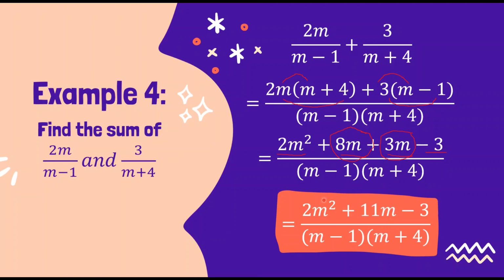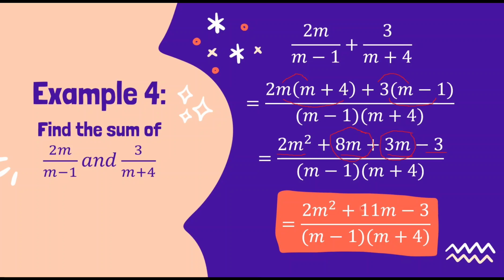So here it is. Let us copy 2m squared plus 11m minus 3 over m minus 1 times m plus 4. Since we cannot factor this using the trial and error method, we cannot get its factors, so that will be our final answer.